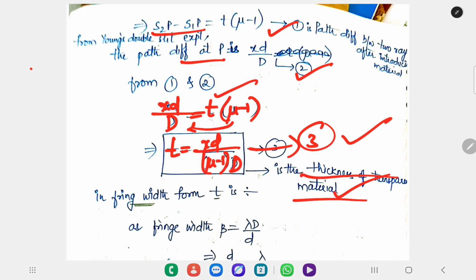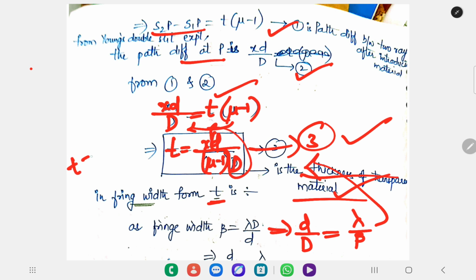In fringe width form, beta is equal to lambda D by d. From this we can write small d by capital D is equal to lambda by beta. Now we can put this in the third equation in place of small d and capital D. So we get t is equal to x by (mu minus 1) times lambda by beta.